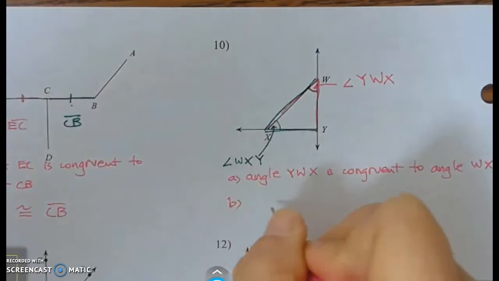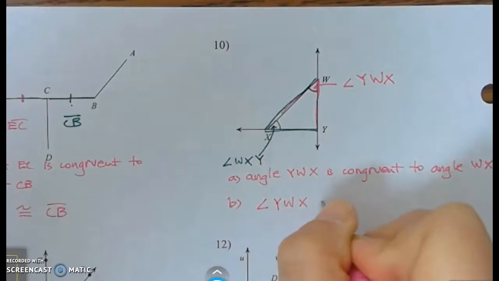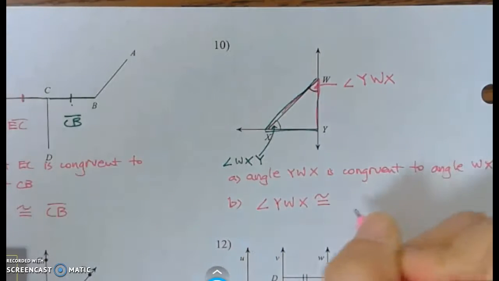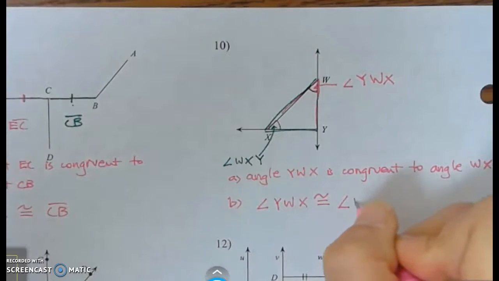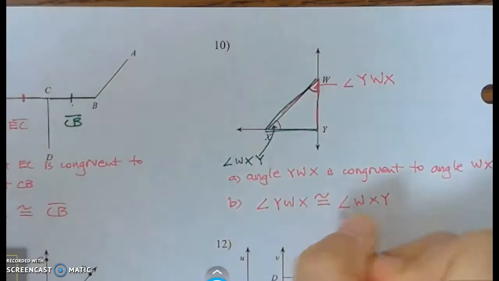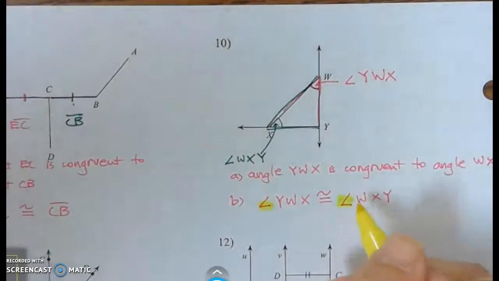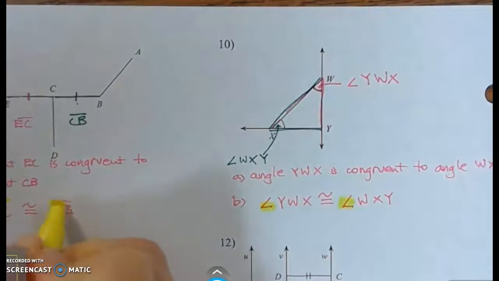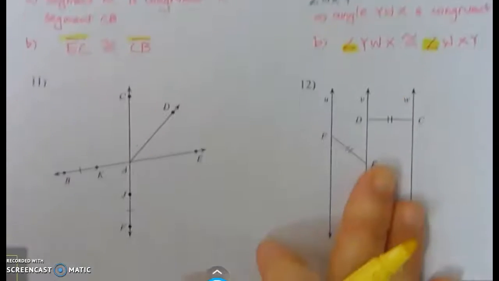And using the mathematical notation, angle YWX is congruent to, that's the equal sign with the curly thing at the top, and WXY. You need to put the angle notation here. Those are very, very important, just the same way this line over it is very, very important in the previous question.